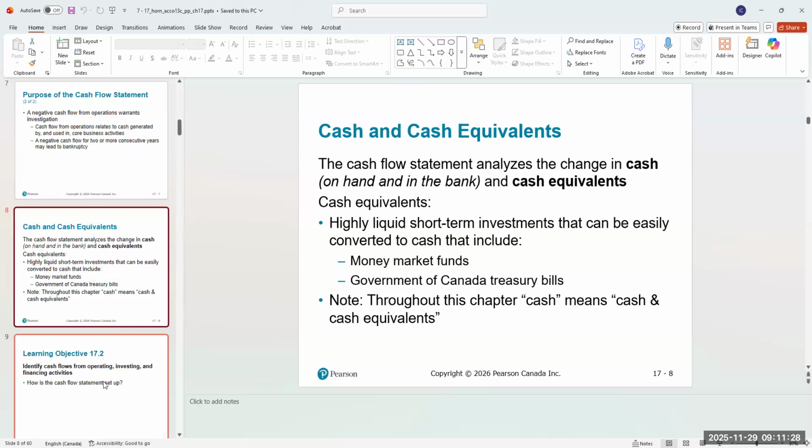So cash is not only bills, not only bank accounts, not only foreign currencies, but also very liquid short-term investments, usually those cashable within 3 months.